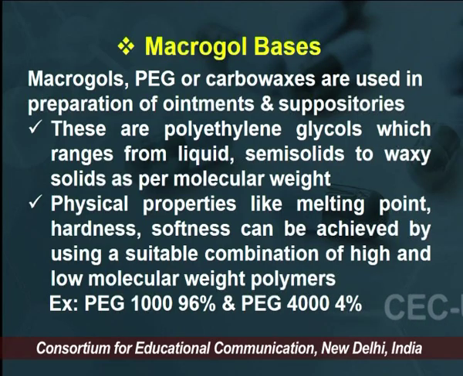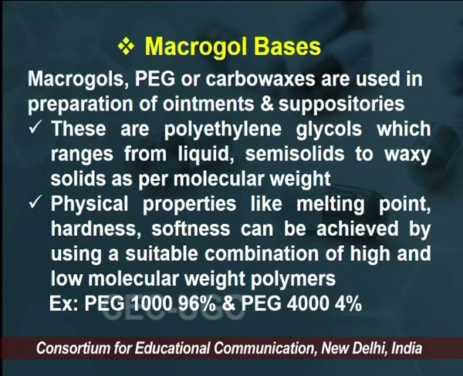Now, these are used very commonly for the preparation of ointments, but they can also be used for the preparation of suppositories. Why are they used in suppositories? Because of their nature. These are polyethylene glycols. As you know, glycols are diols, with two hydroxyl groups. So, they are glycols in nature, which range from liquid and semi-solid states to waxy solids.